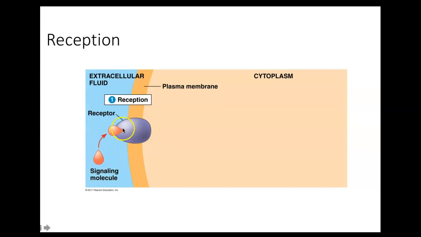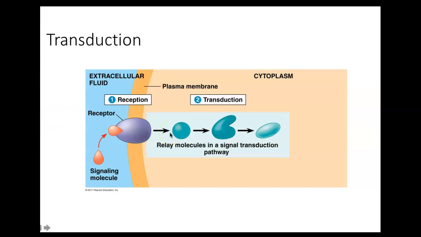The signaling molecule comes in and it fits very perfectly. The basis of many diseases or genetic diseases is going to be a DNA mutation that causes a change in amino acids that affect the folding of a receptor protein so that a ligand can no longer bind to it. So that's why this is an important topic.